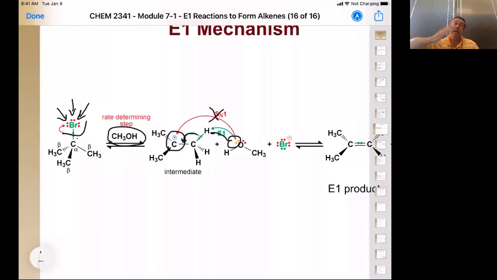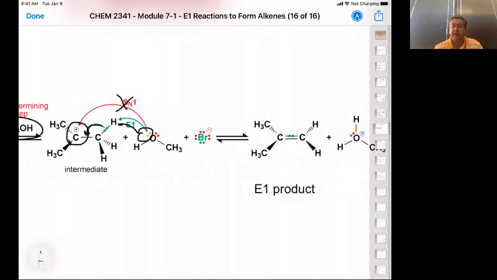When it kicks the electrons in, it then hybridizes so that one electron is in a p orbital on the alpha carbon, one electron is in the p orbital on the beta carbon, and we now have a double bond between that alpha and beta carbon, giving us our product here.